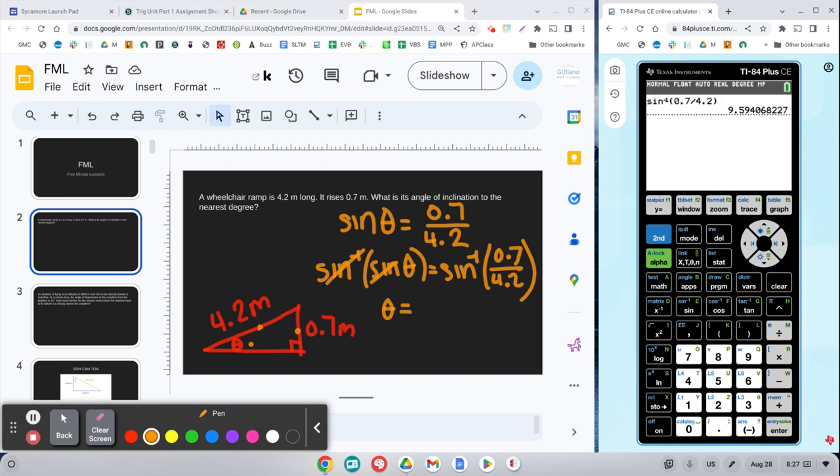And you get 9.594 degrees. I know that seems small for an angle, but we are dealing with a wheelchair ramp, so if you think about it, they're not very steep, so that would make sense. And that is the final answer.